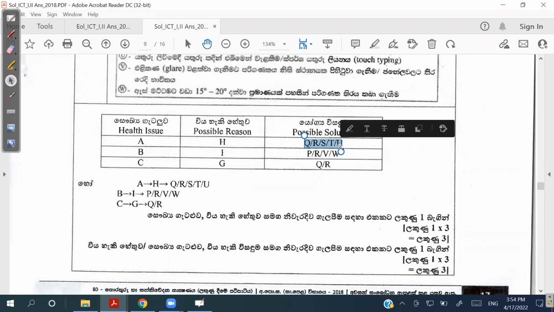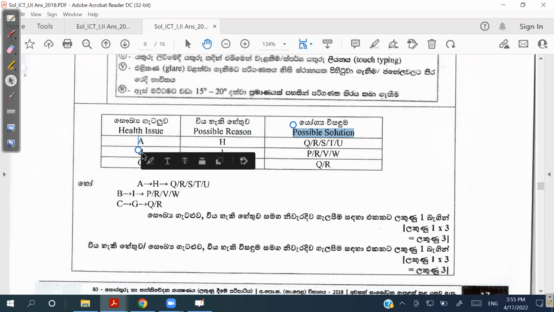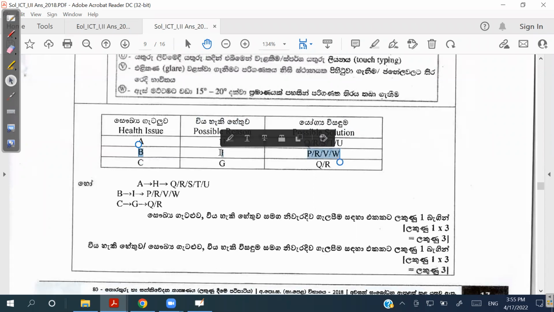So for one particular row, it's just one mark. Right? So the B health issue goes with the reason I, and the solutions, the variables, go with PR, VW, so any one of those can be taken.